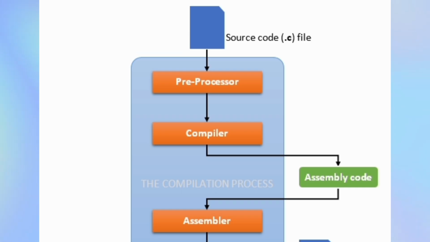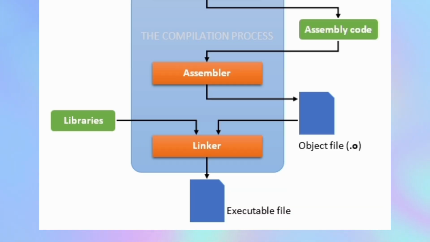The assembler converts it to the object file. That file is sent to the linker. The linker converts it to the executable file.